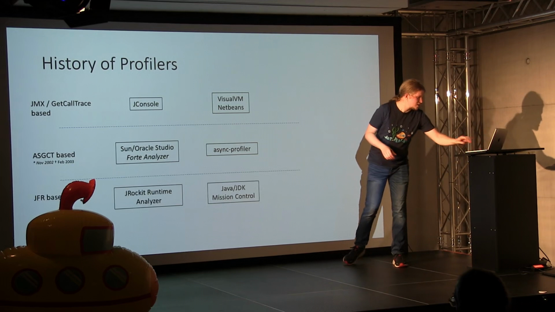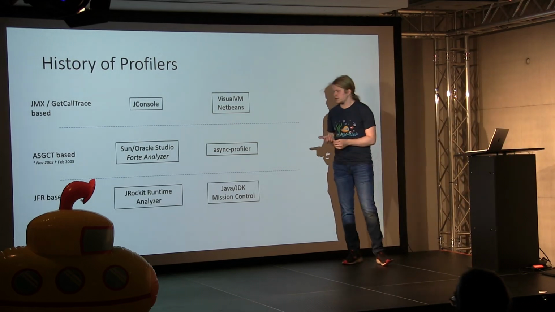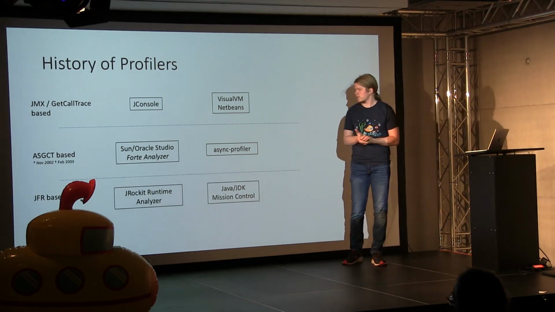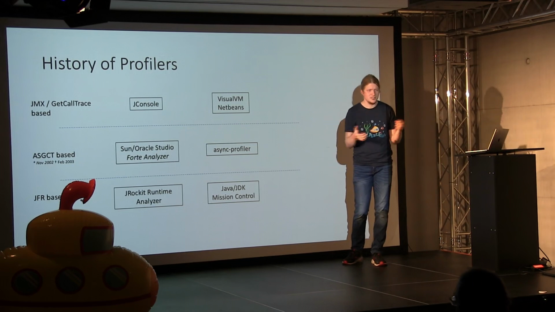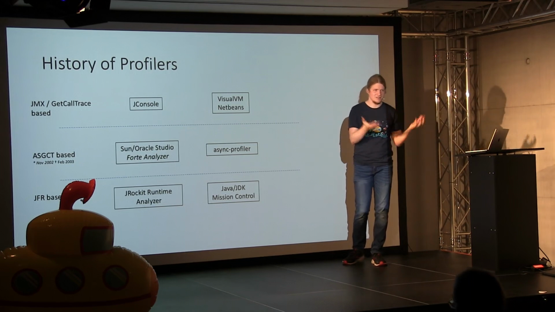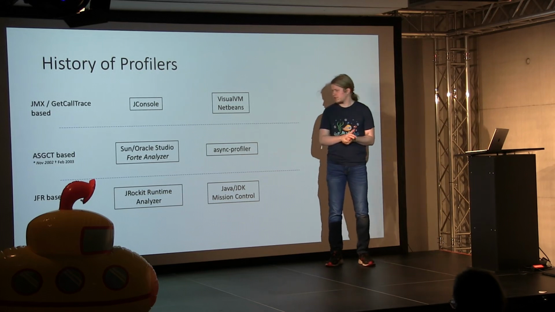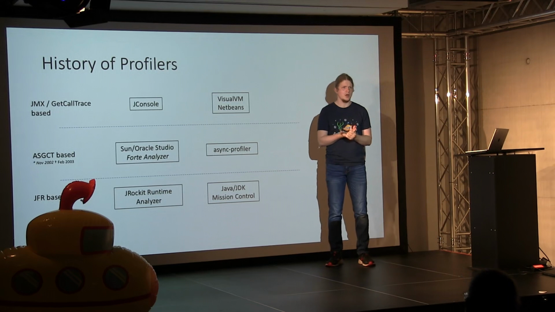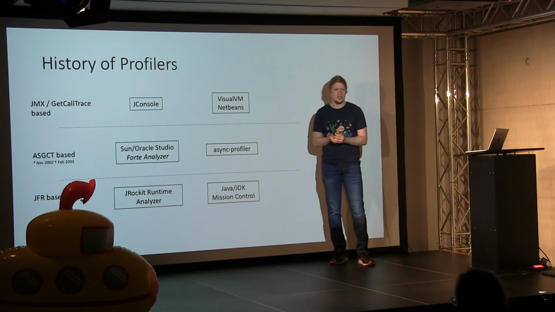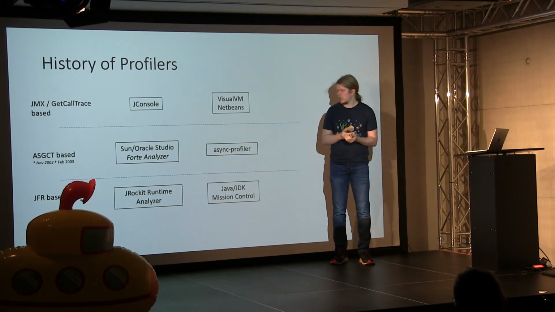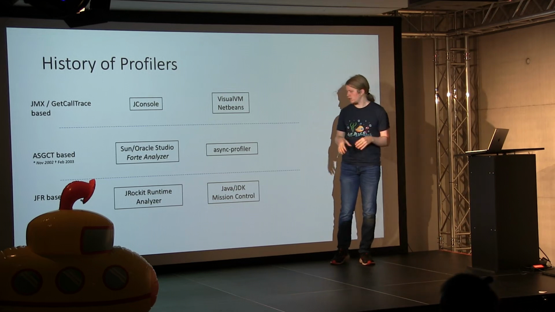And there's, at the end, the JFR-based tools. So JFR stands for Java Flight Recorder, or nowadays JDK Flight Recorder, because Java is a trademark. First, it was created for the JRockit runtime analyzer. It was like an internal tool of a small Java VM company, and then it was bought by some different companies.